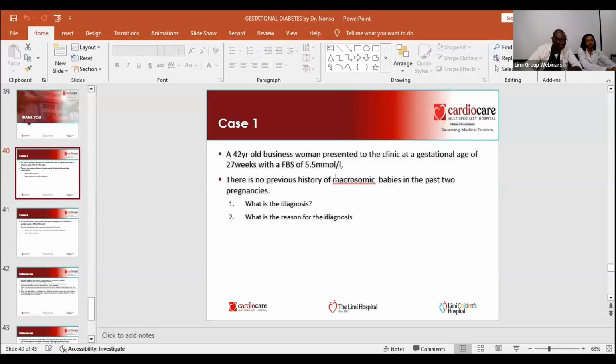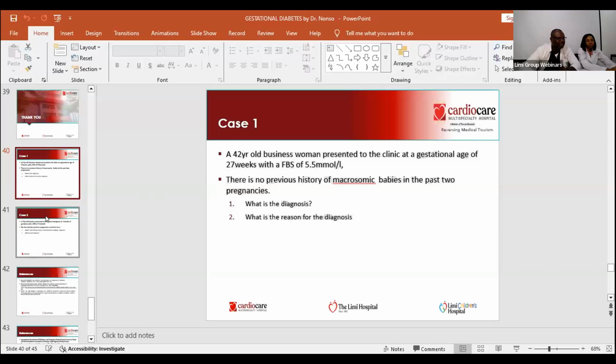I purposely put in macrosomic babies and no previous history, not to confuse you, but to make you understand very well that some things might not be there and yet they make your diagnosis. So this was correct. 5.1 is our benchmark at 27 weeks under IADPSG. So with that, we are good with this one.